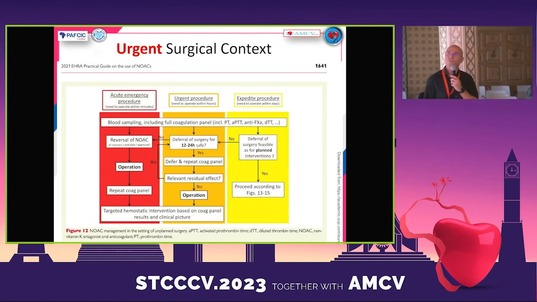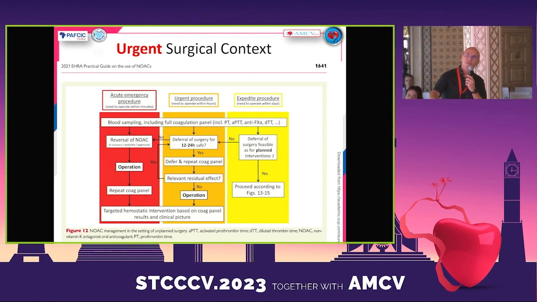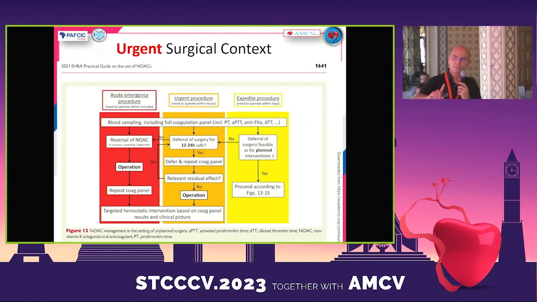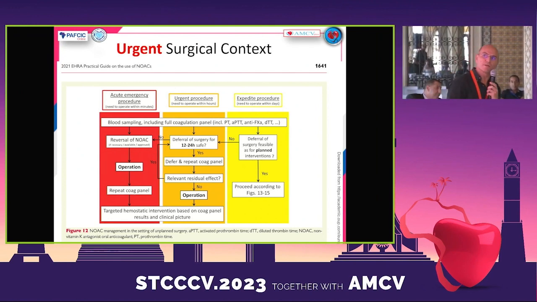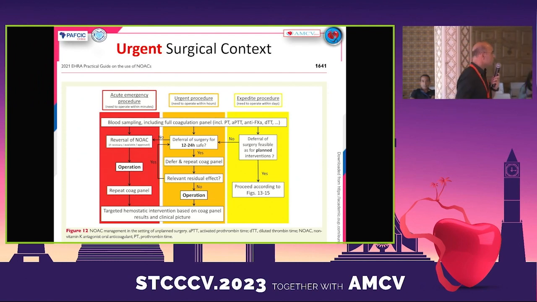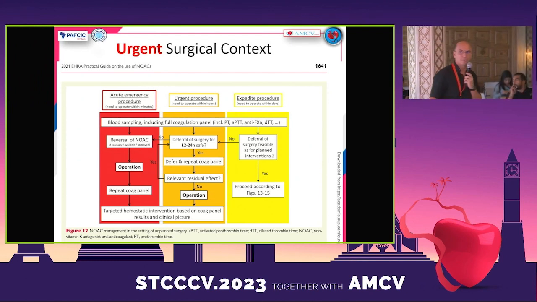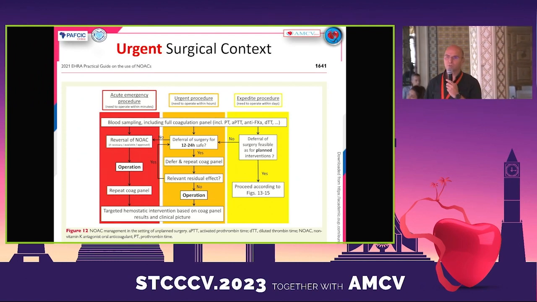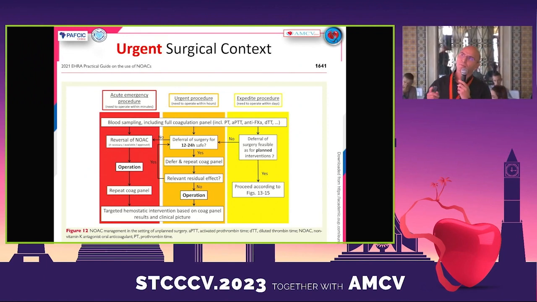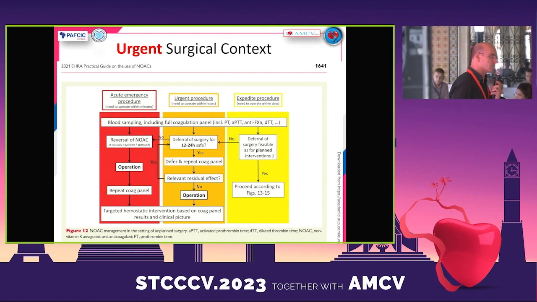For urgent surgery, there are three situations. There is the acute emergency procedure, which will be done within minutes. For this, we have to take a blood sample, reverse the NOACs, treat the patient with surgery, and then check the coagulation panel again. If the operation can be postponed 12 or 24 hours, it will be better for the patient.